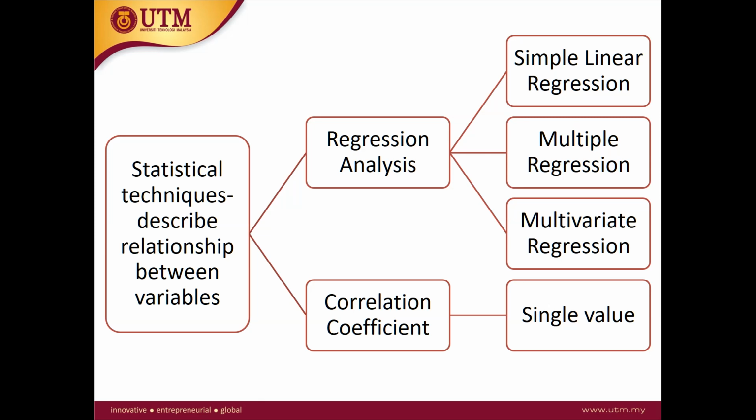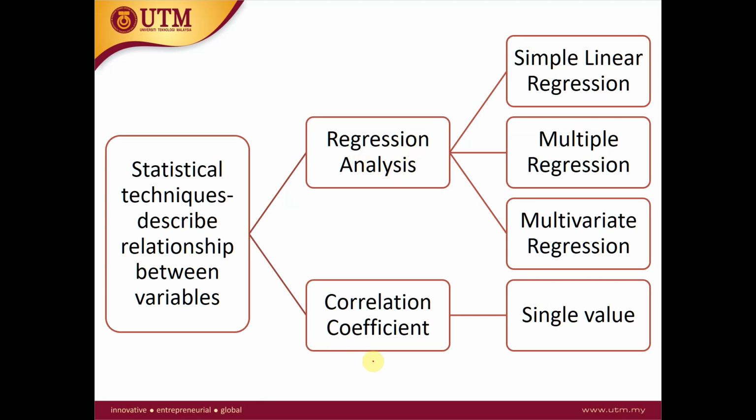Multivariate regression is used when we have many response variables and one or more predictor variables. So if we have many y but only one x, then we can use multivariate regression, right? So regression analysis is a model that models the relationship between x and y.